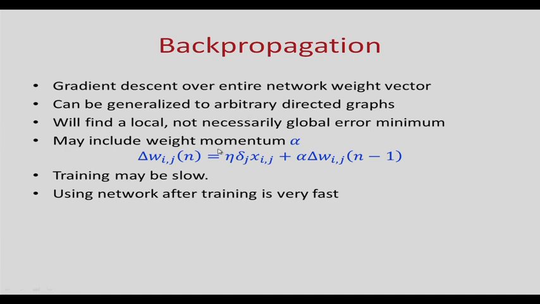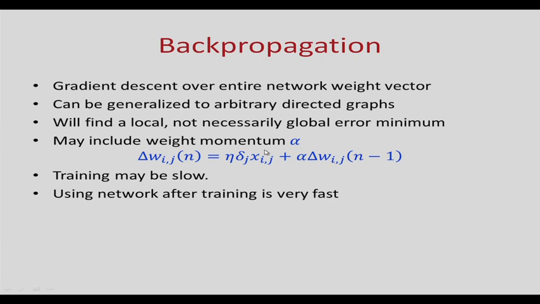So, what momentum does is that when you change delta Wij, you not only look at eta delta j xij, which we derived earlier, but you also keep another factor which keeps track of the direction of weight change at the previous iteration. Delta Wij at the nth iteration is equal to eta delta j xij plus alpha times the weight change in the previous iteration.